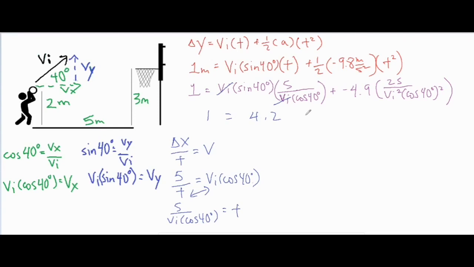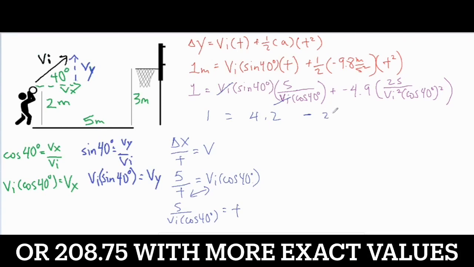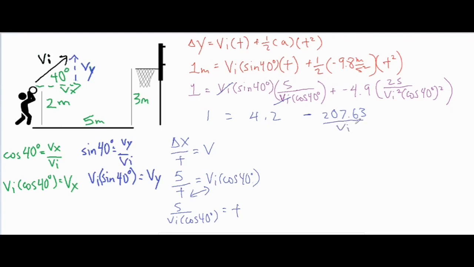For our second part, I'm just going to put a minus sign here because we have a negative here. We can do 4.9 times 25 and then divide that by cosine of 40 squared, which leaves us with 207.63. And the VI squared is still going to be on the bottom there because that's our unknown.